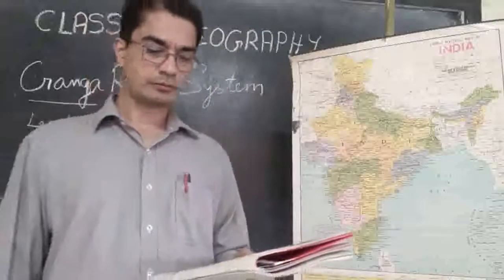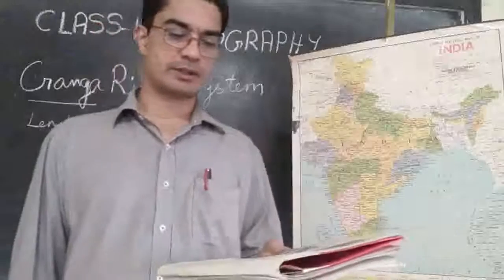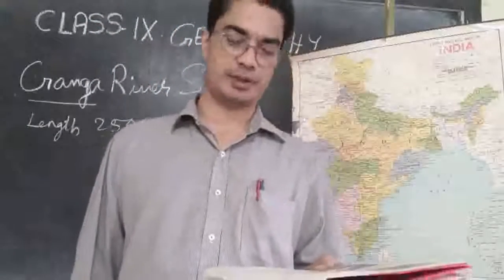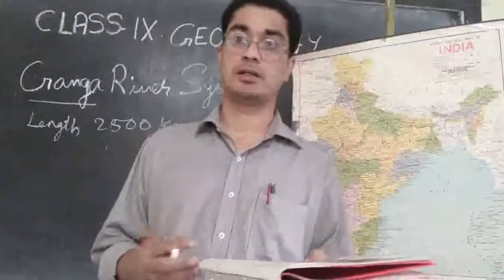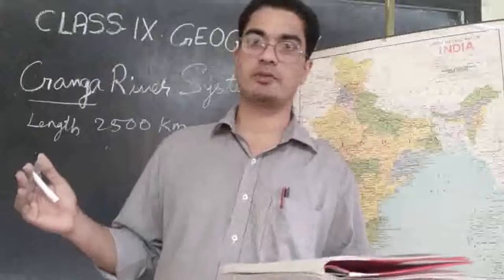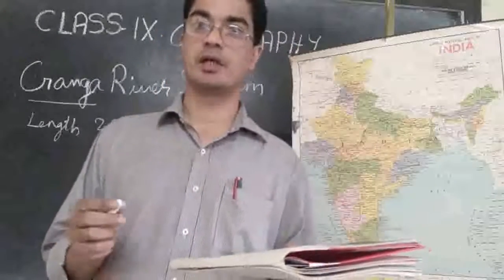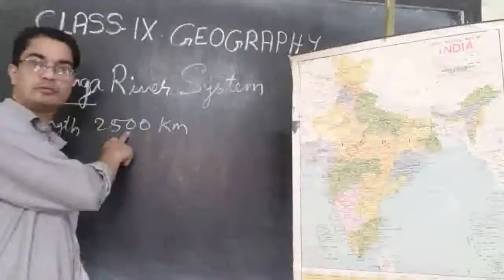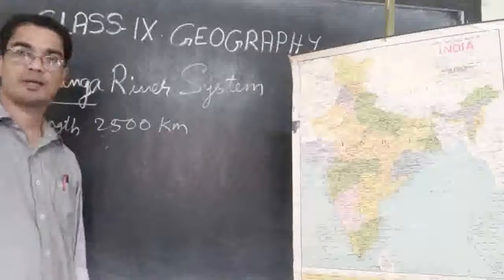Then the plains from Ambala to Sunderland stretch over nearly 1,800 kilometers. So from the place Ambala till the last part, the Sunderland, the area is 1,800 kilometers long. So 2,500 is starting from Himalaya to the Sunderland Delta.